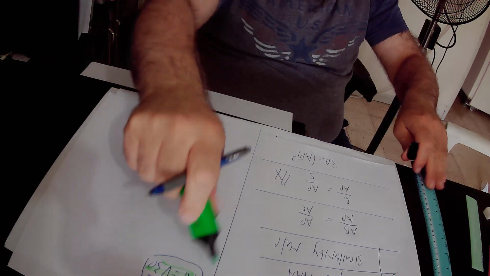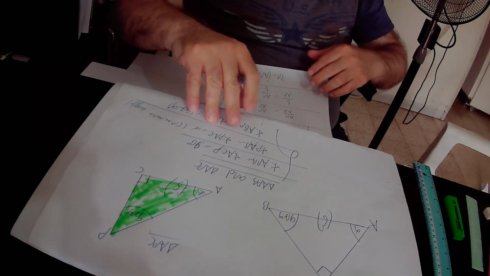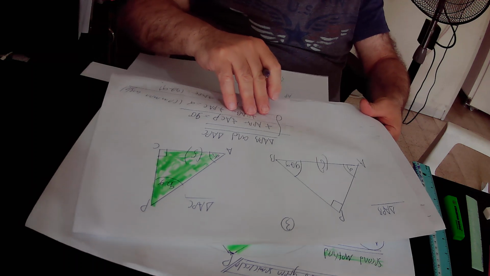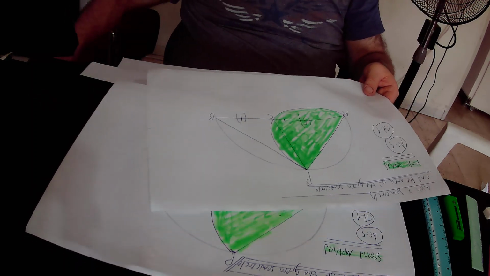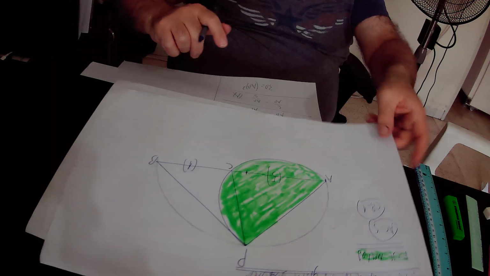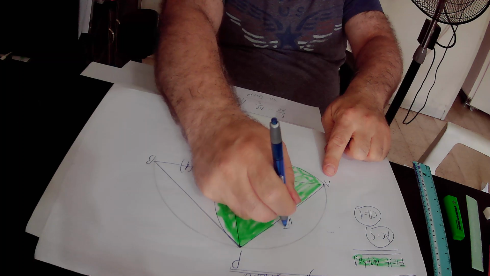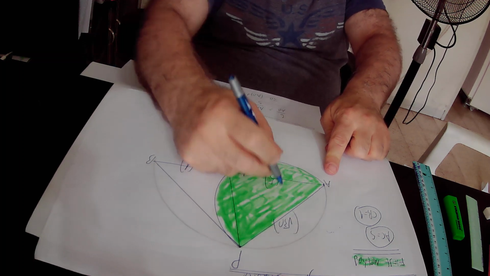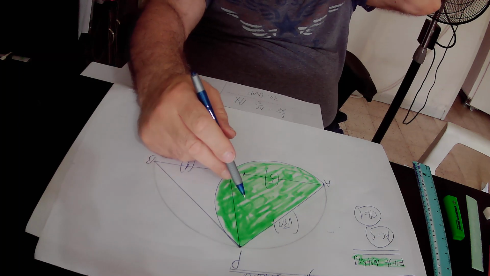So actually, this is the missing side AP. This equals square root of 30 units in length. AP is the diameter of this green semicircle.